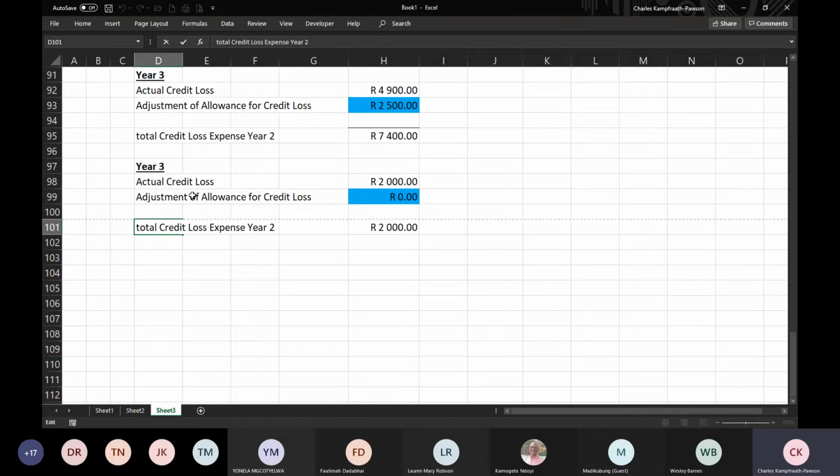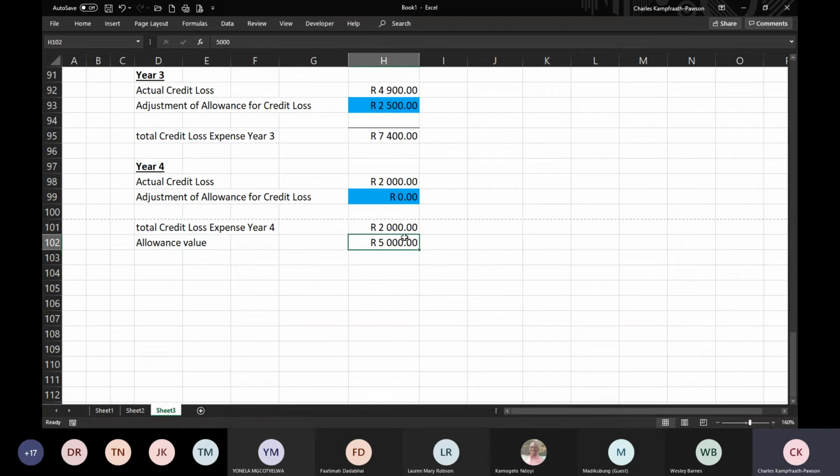So total credit loss, okay, let's just fix these years. Year 3, year 4. But the allowance value is 5,000. So I'm covered.